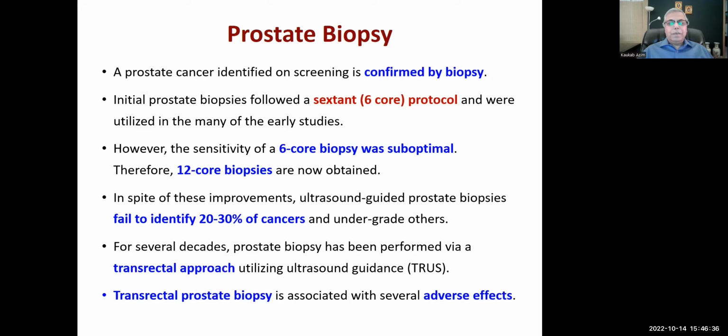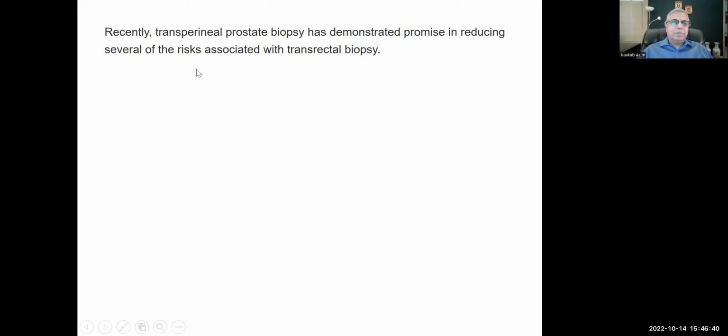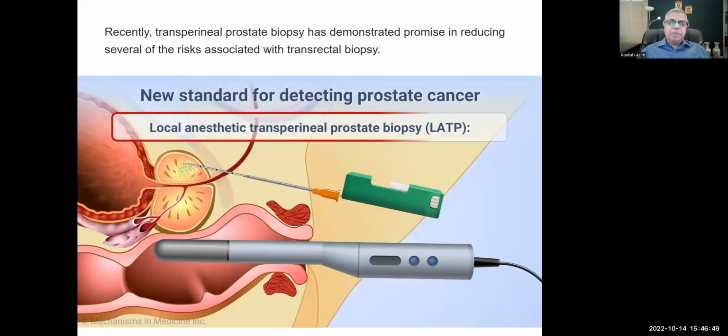So now we have a better alternative, known as transperineal prostate biopsy, which has demonstrated promise in reducing several of the risks associated with transrectal biopsy. We do it under local anesthesia, and what you see over here is that an ultrasound probe has been placed in the rectum right next to the prostate gland, and that would guide the urologist to the appropriate places for obtaining core biopsies. All right.